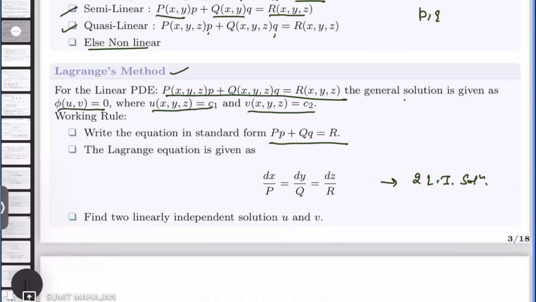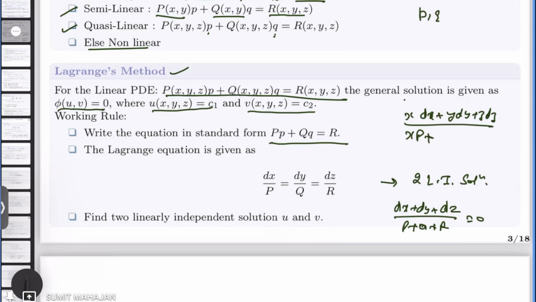Otherwise we have to find some combination like dx plus dy plus dz over P plus Q plus R equals to 0, or sometimes we have to multiply with x, y, z, giving x dx plus y dy plus z dz upon xP plus yQ plus zR equals to 0.